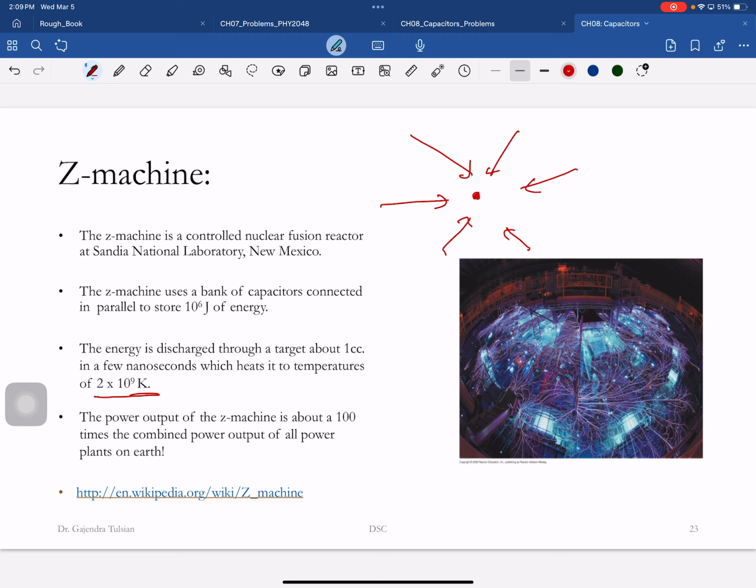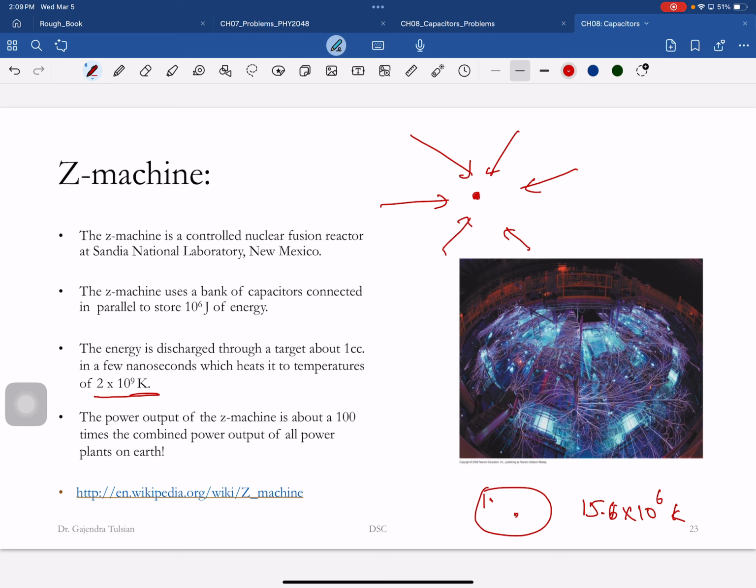Anybody remember the temperature at the center of the sun? Astrophysicist? 15.6. All right, 15 million Kelvin.